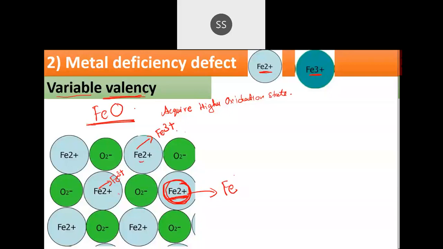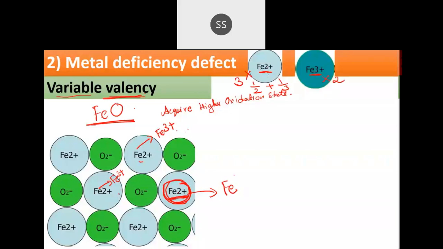When this happens, students, if I have to tell you in terms of charge, how many Fe2+ will make Fe3+? How many Fe2+ do I take to get charge equal to Fe3+? You can understand by LCM: if you have 1 by 2 and 1 by 3, you should multiply 2 by 3 and 3 by 2.